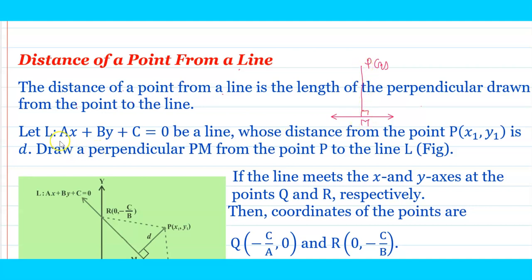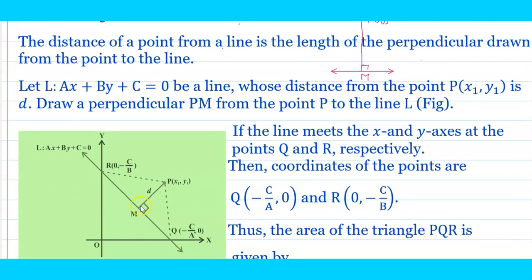Let ax + by + c = 0 be a line whose distance from the point P(x1, y1) is d. Draw a perpendicular PM from the point P to this line. If the line meets the x-axis and y-axis at the points Q and R, what are their respective coordinates?